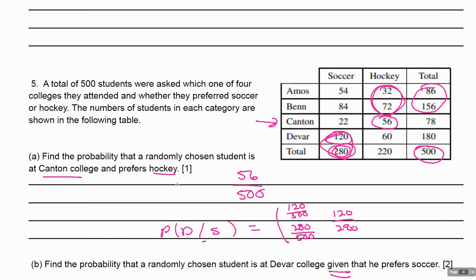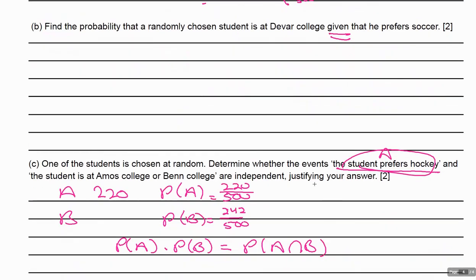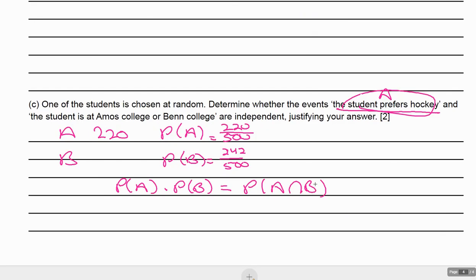These two prefer hockey and they're from those two colleges. How many is it going to be? That's 104 people in total. So that probability is going to be 104 over 500. You with me on that?